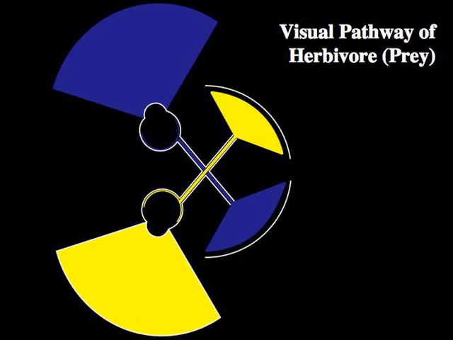If we look at the visual pathways in the optic chiasma of the herbivore, we get this picture with almost all of the nerve fibers decussating. And the concept that I want you to get here is that information in the left visual field is dealt with by the right optic cortex, and information in the right visual field is dealt with by the left optic cortex.